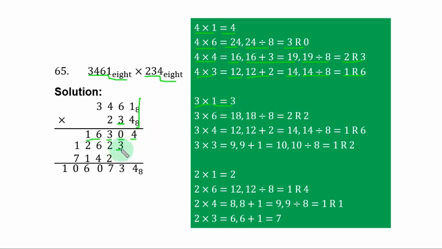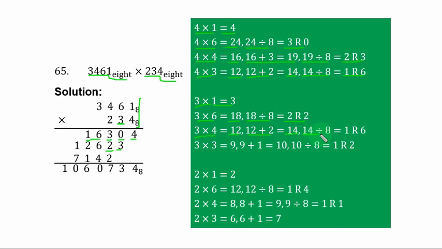You write it down. Followed by 3 times 6, that is 18. 18 is not a digit in base 8. So you divide 18 by 8, and you have 2 remainder 2. You write down remainder 2, and you take 2 forward. 3 times 4 is 12, plus the 2 you carried forward is 14.